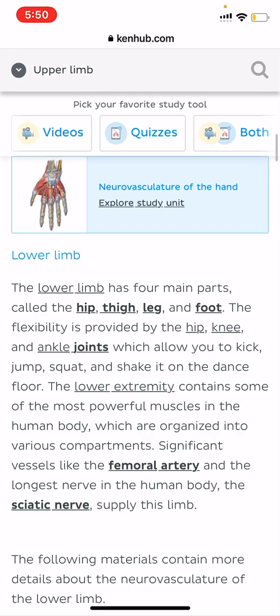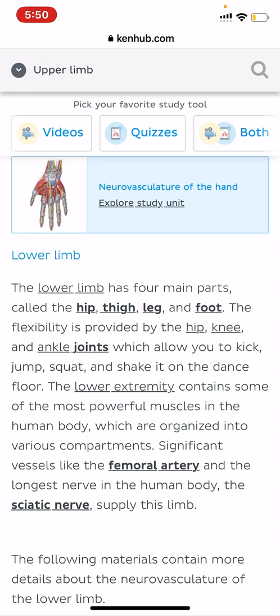Lower limbs. The lower limbs have four main parts: hip, thigh, leg, and foot. The flexibility is provided by the hip, knee, and ankle joints, which allow you to kick, jump, squat, and shake it on the dance floor.